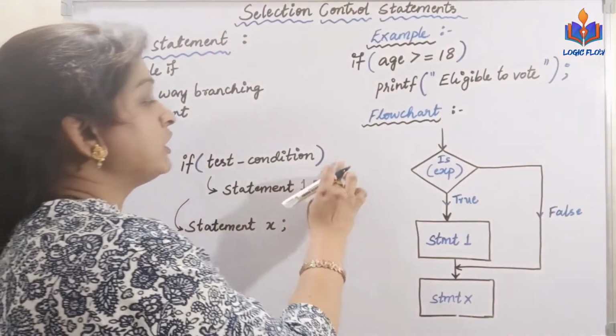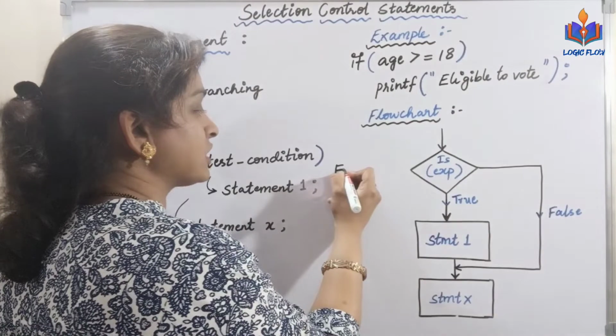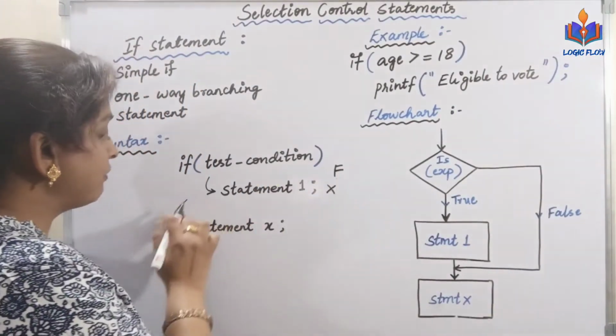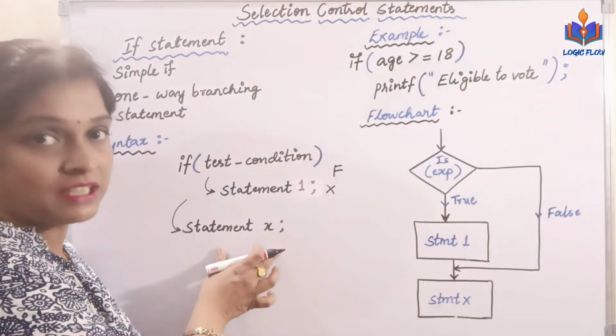But if the condition evaluates as false, this immediate statement will be skipped. Control will go straight away to this statement X.